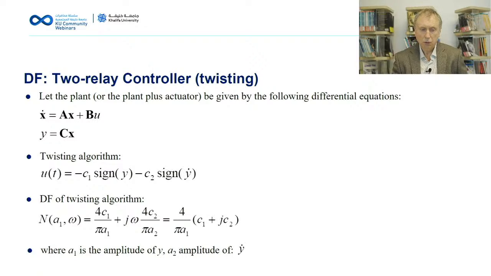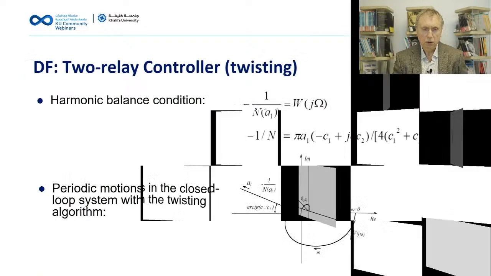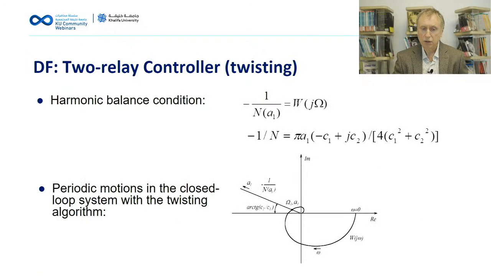So we now can come up with this expression for the describing function of the twisting algorithm, which is given here. And now, if we consider the negative reciprocal of the twisting algorithm, we derive this equation.